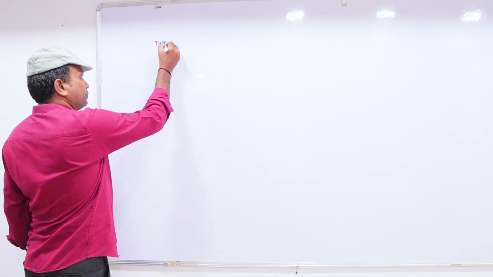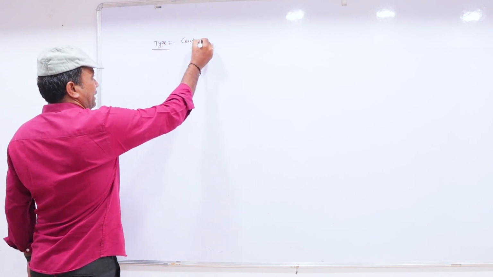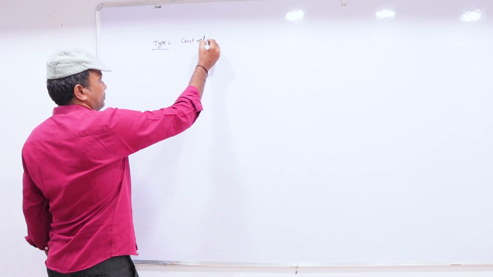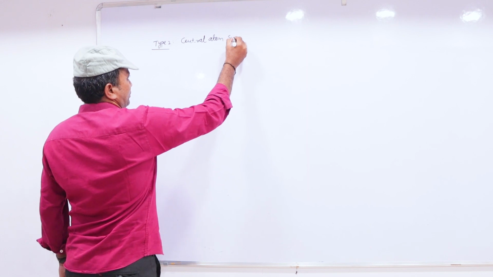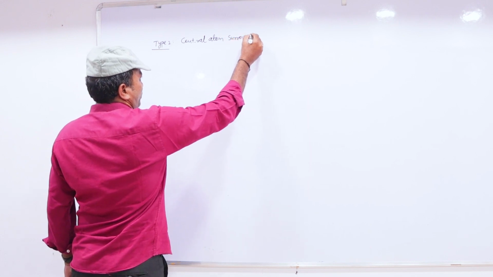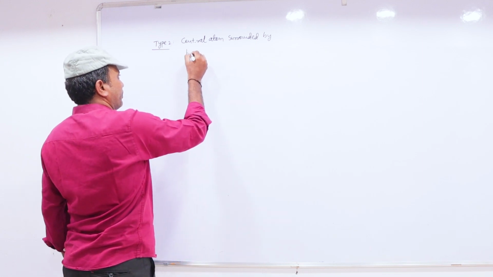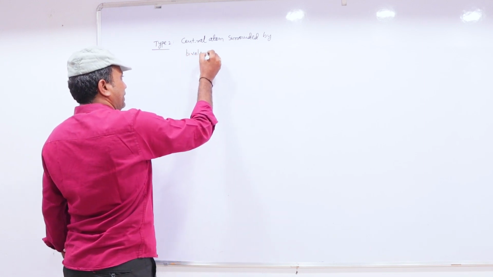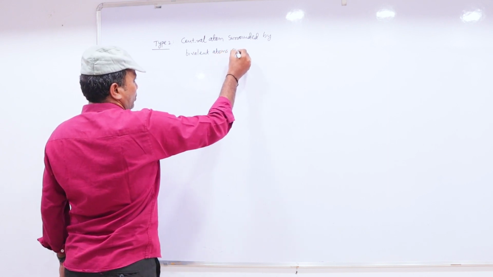Type 2: central atom surrounded by bivalent atoms only.